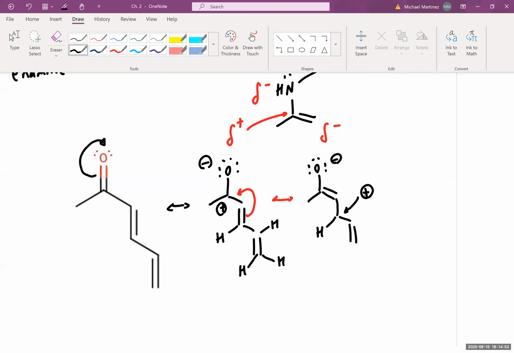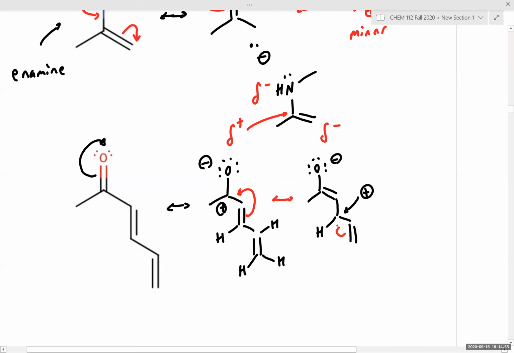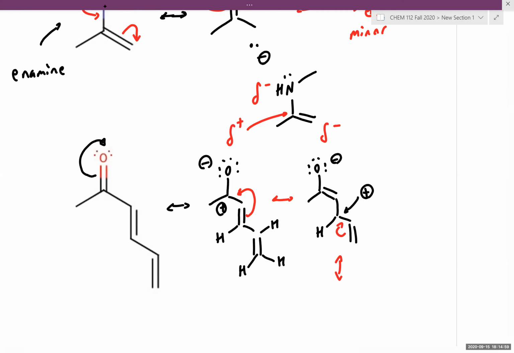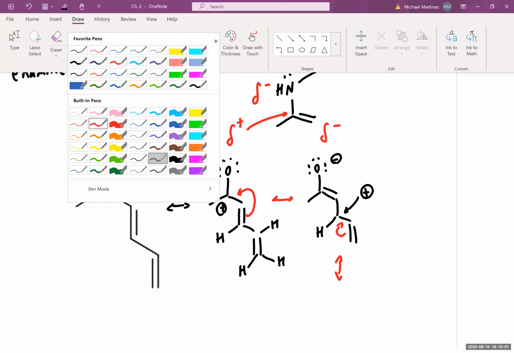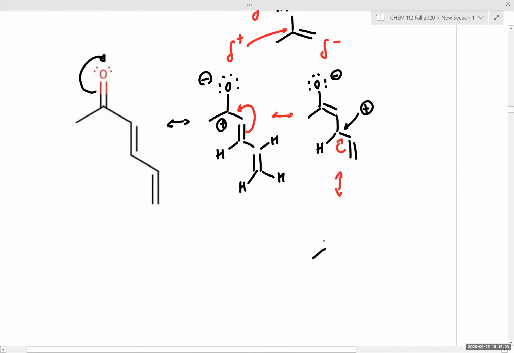Now what we're going to do is kick our double bond up and we get the following resonance structure.